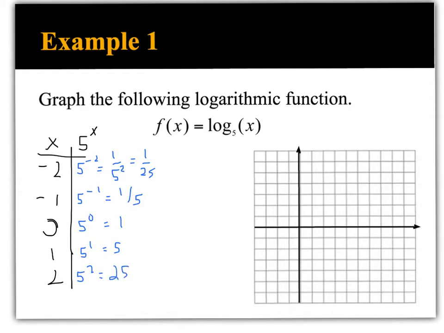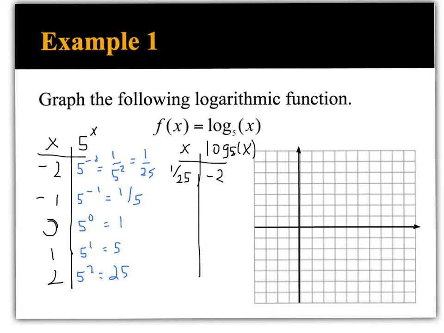And so if we try to graph this, what we would do is plot these points, but we want the logarithm. We want the inverse. And so what I asked you to do last time is say, okay, here's x, here's log base 5 of x, and now just take the inverses of all these. So the input would be 1/25, and the output would be -2.